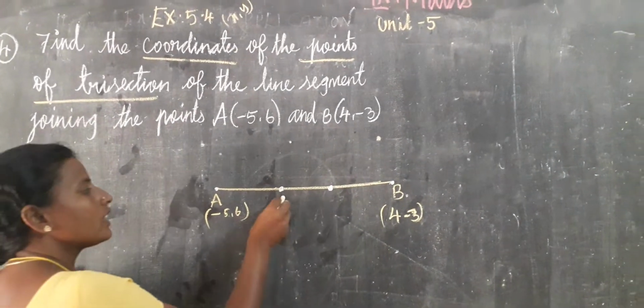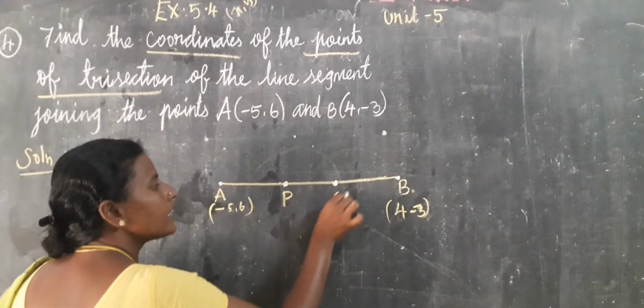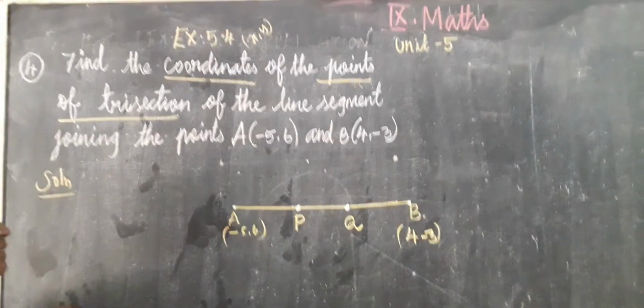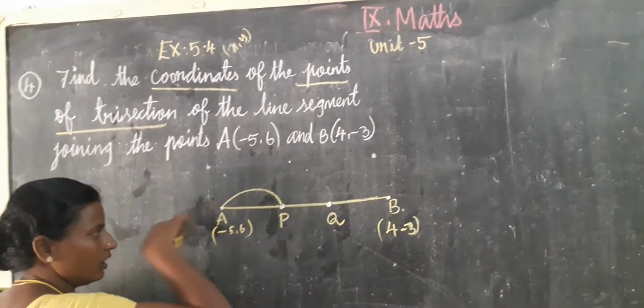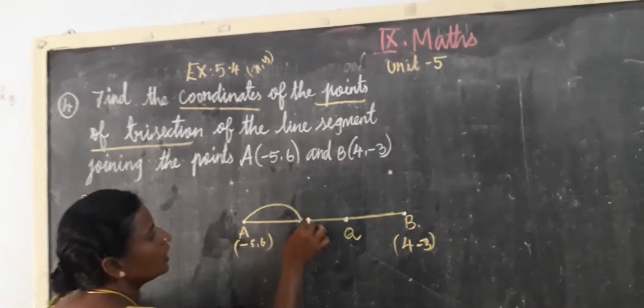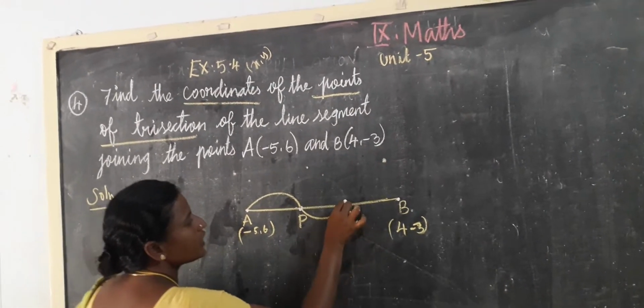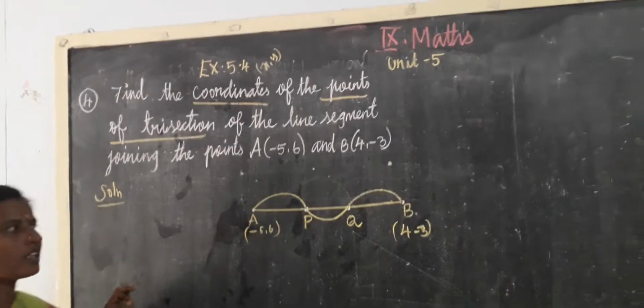So I give the names P and Q here. AP is equal to PQ is equal to QB.